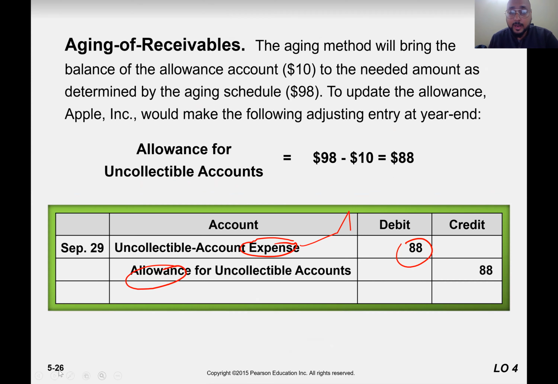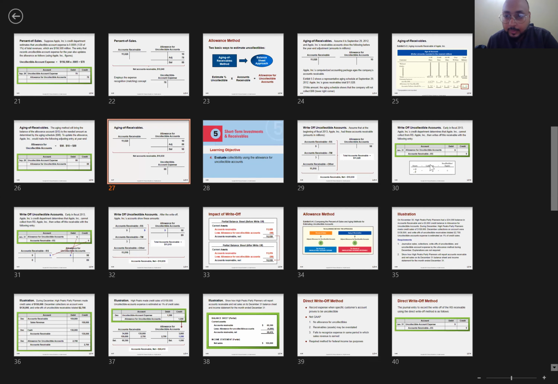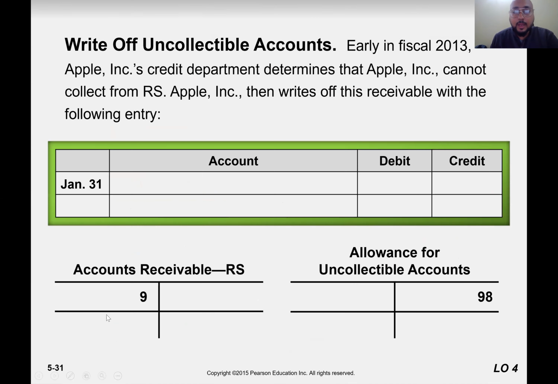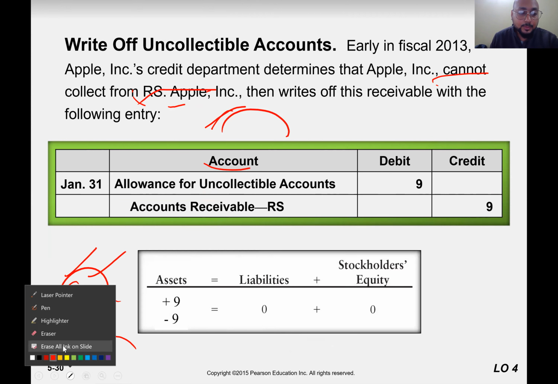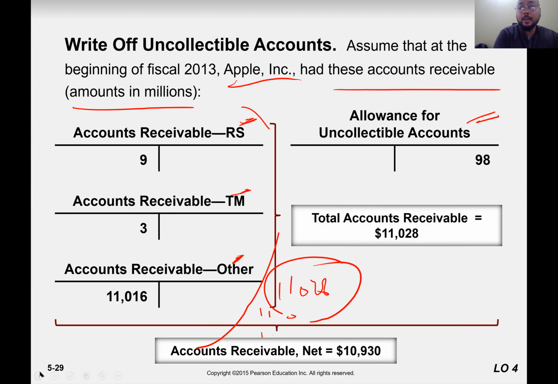So RS is $9 million worth. RS said, I am not able to pay you $9 million, so we charge this entry to allowance. Our client said, I cannot pay you, so we need to decrease that account. Previously, the balance of RS was debited 9. So he cannot pay us, and we write down 9 here on the left-hand side, which means the credit side.